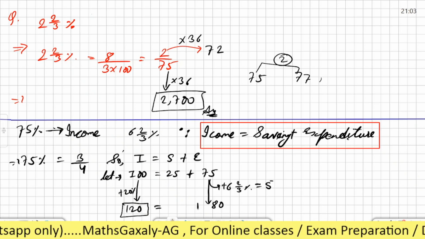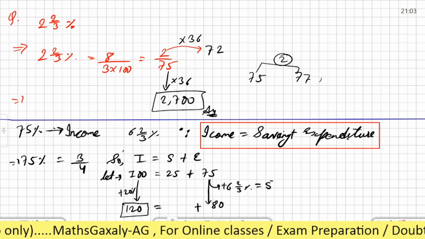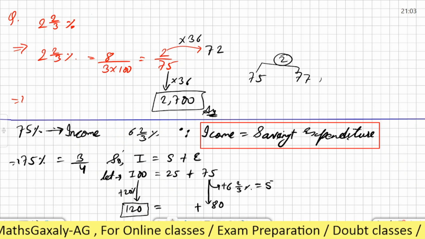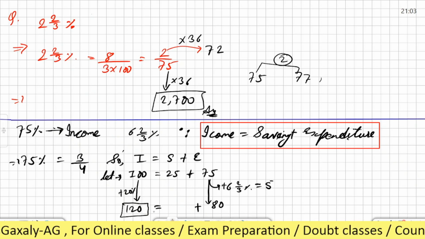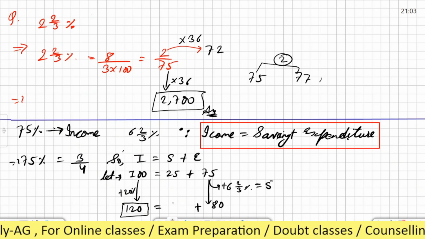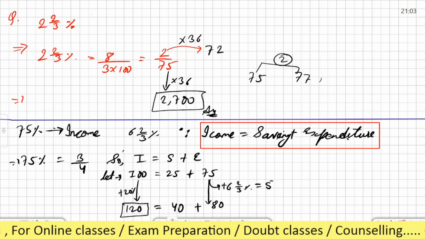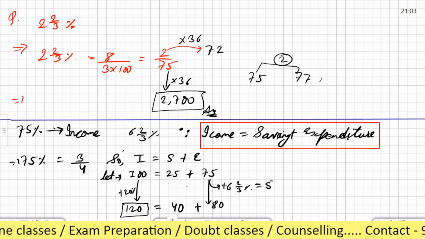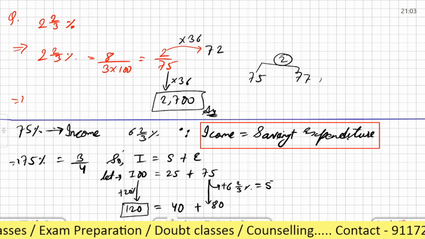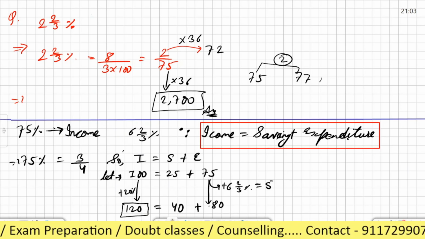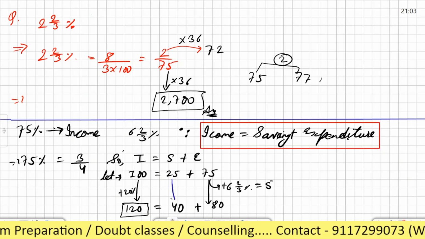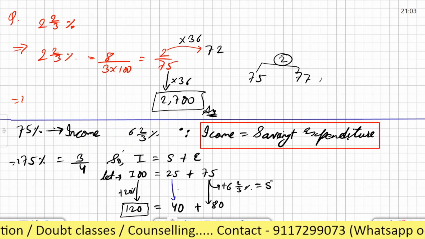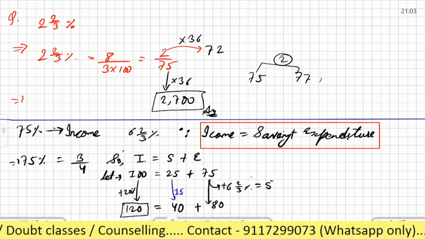As we know income is saving plus expenditure, the income is 120 and expenditure is 80. So now he is saving 40 rupees. We have to find how much his saving will be increased by. The increment in saving is 15, right?